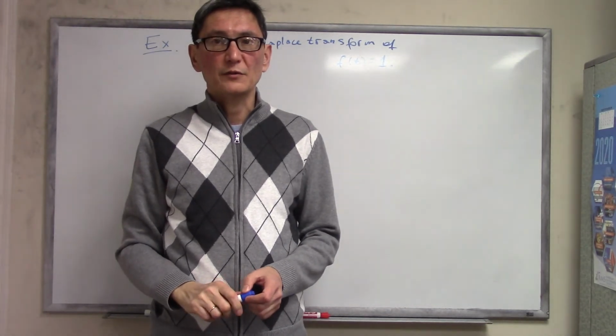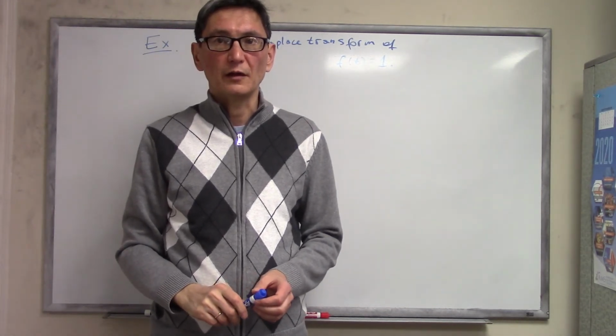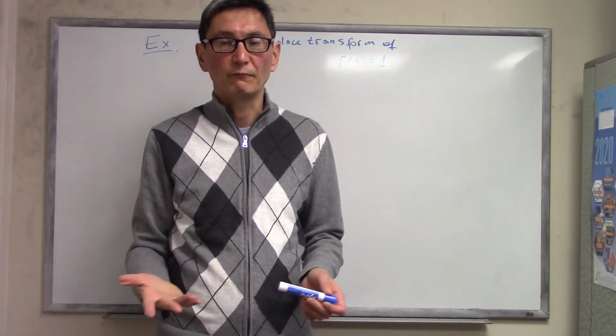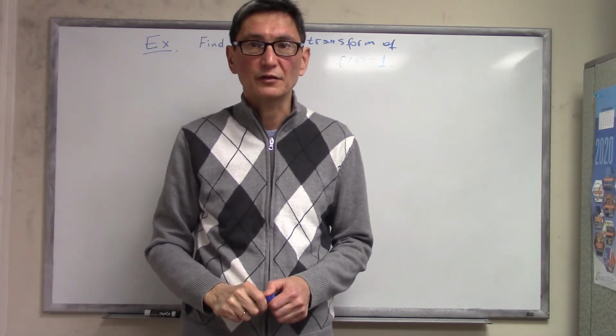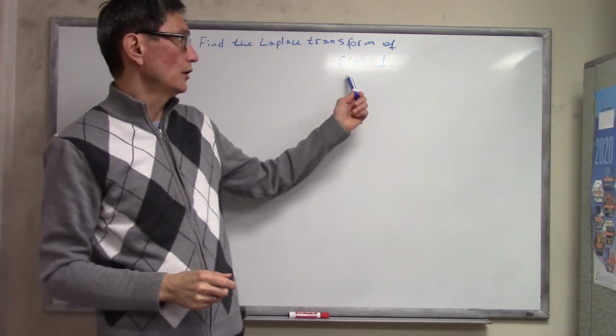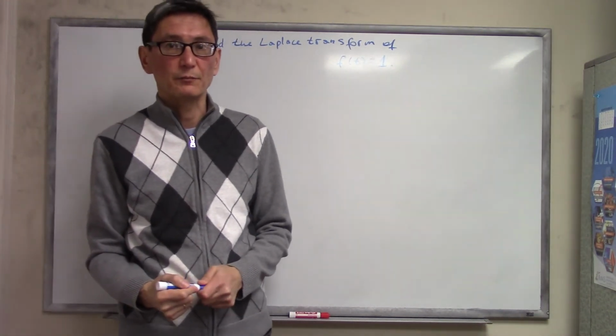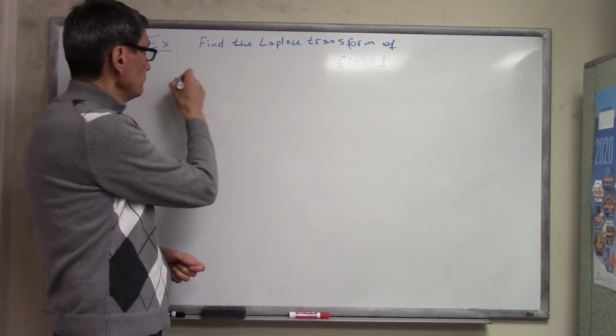Now we'll do a couple of examples on how we can find the Laplace transform of a few functions. So we start with function f of t equals 1. We want to find its Laplace transform. So we'll proceed from the definition.